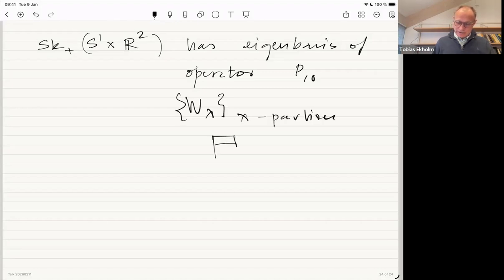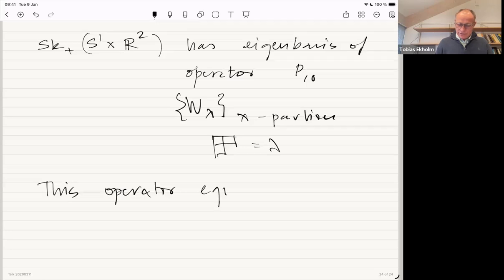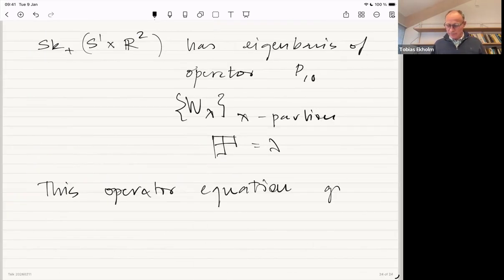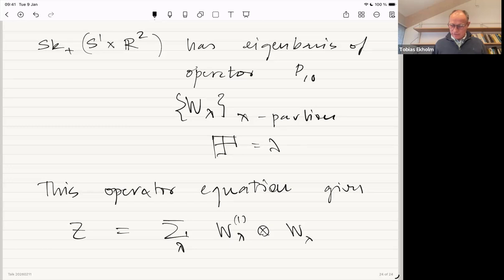So in other words, you can think of it as a Young tableau. And they have distinct eigenvalues. So we learn from this that, to be completely honest, Z in this case is equal to just the sum over lambda of W lambda tensor W lambda, W lambda on the first one tensor W lambda on the second one.